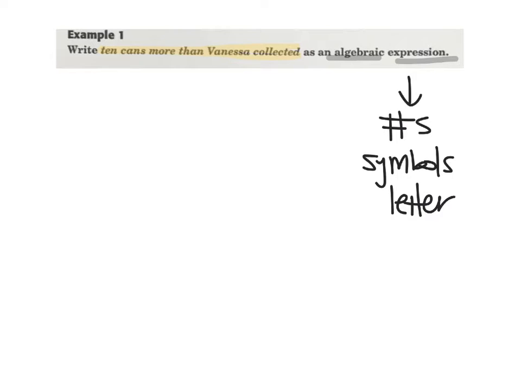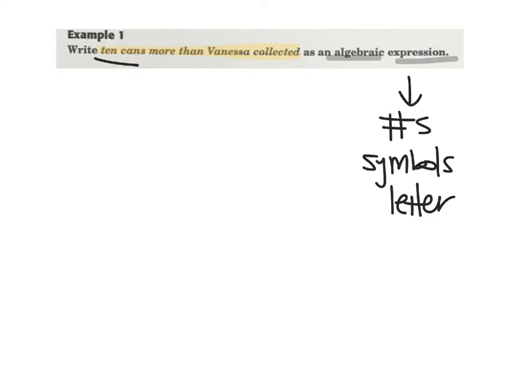So let's go ahead and take a look at our first example. Our first example says, write 10 cans more than Vanessa collected as an algebraic expression. So if I highlight 10 cans more than Vanessa collected, this information is what I am writing as an algebraic expression. When I think about an algebraic expression, I know that I'm going to have numbers, symbols or operation signs, and a letter or a variable.